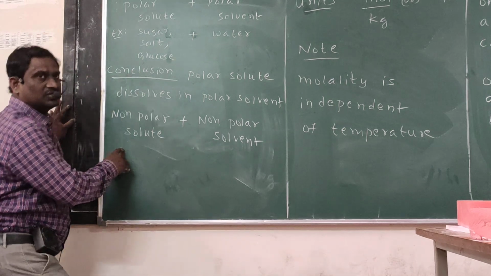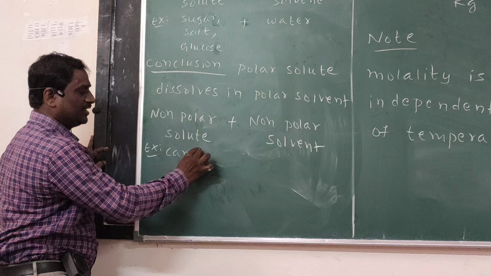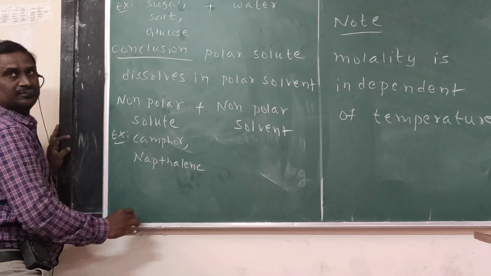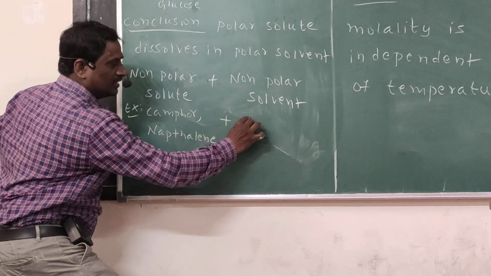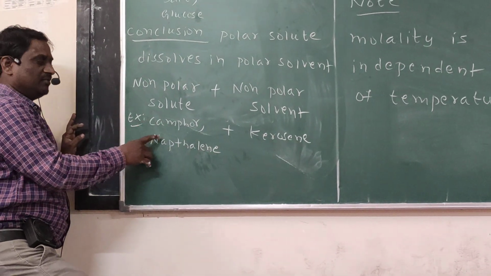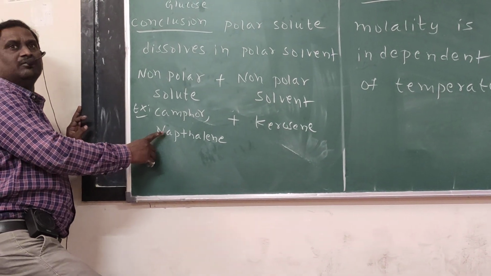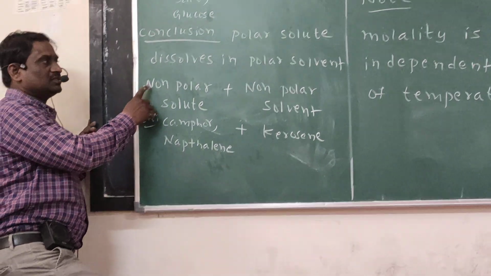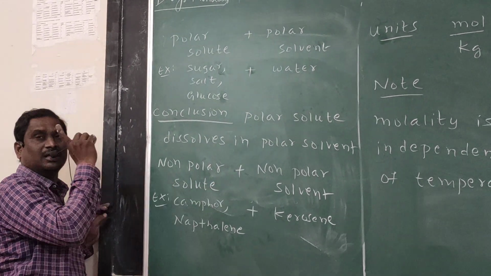Camphor and naphthalene are dissolved in kerosene, the non-polar solvent, only. Naphthalene is moth balls; it will dissolve in kerosene only. Camphor also dissolves in kerosene only. So non-polar solutes do not dissolve in water.